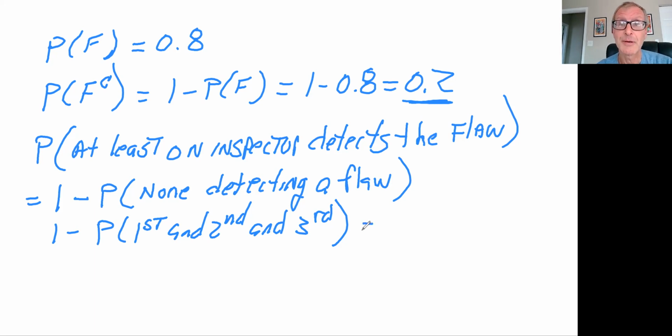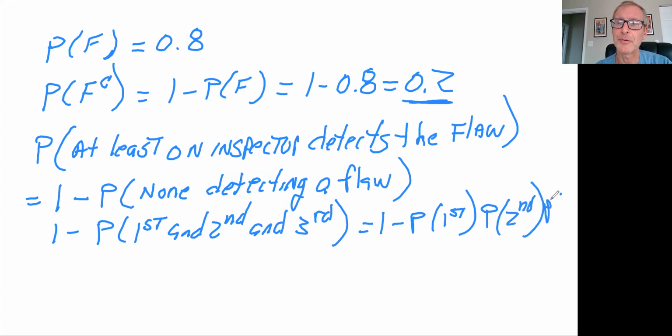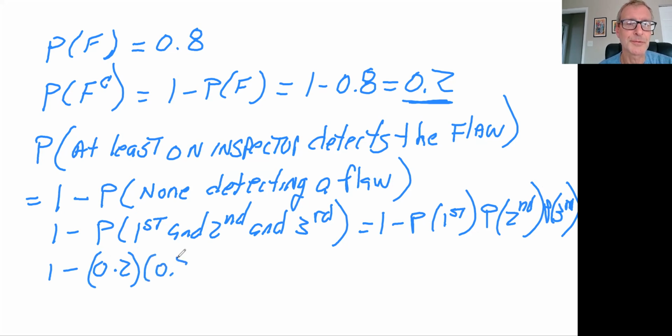So this would be 1 minus the probability of the first one failing, times the probability of the second one failing, and then times the probability of the third one failing. And so that would be 1 minus 0.2 times 0.2 times 0.2.